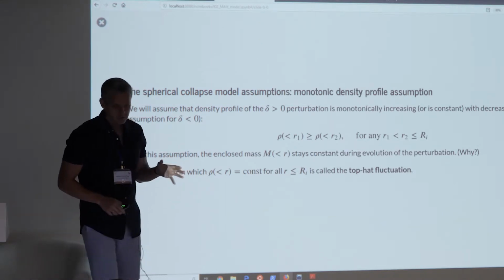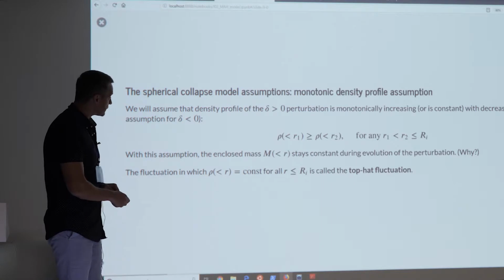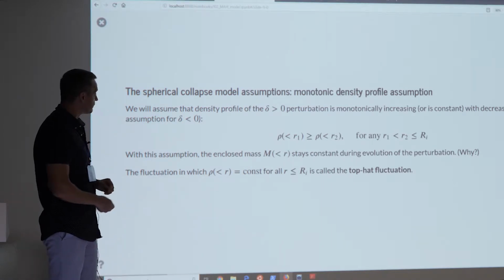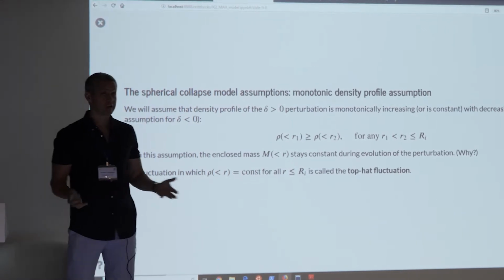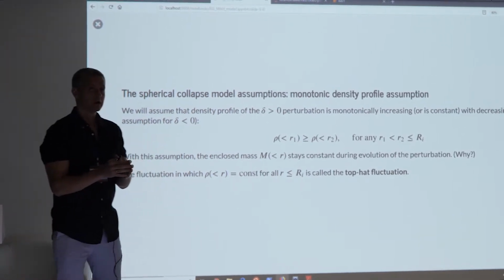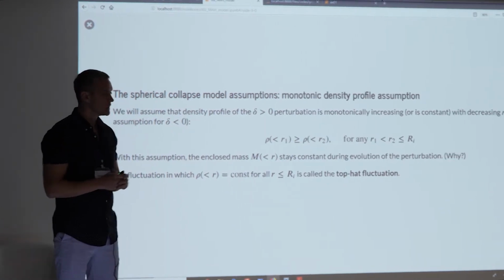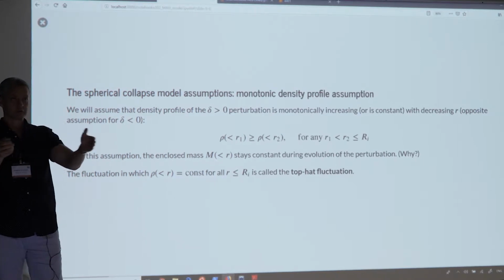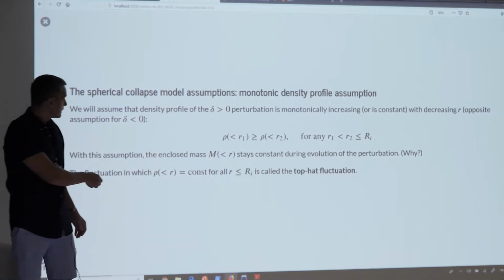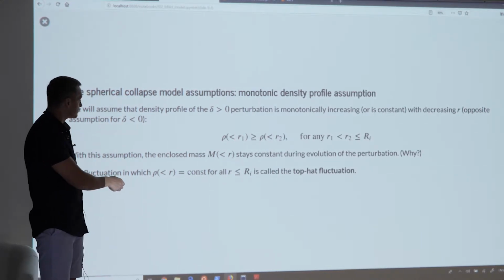What I'll assume is that if I deal with positive perturbations, in other words, if I consider the collapse of a peak, so delta is positive and is peaked at a particular location, the profile, which means the enclosed density as a function of radius within such a peak, is always increasing towards the center, to smaller radii.